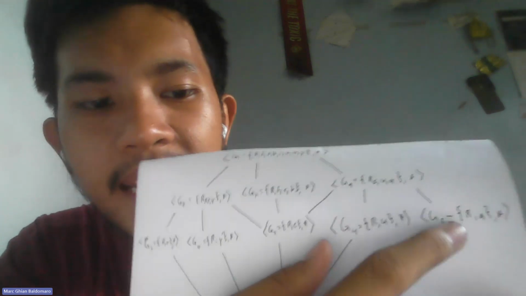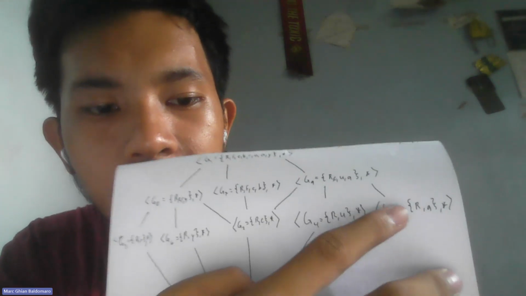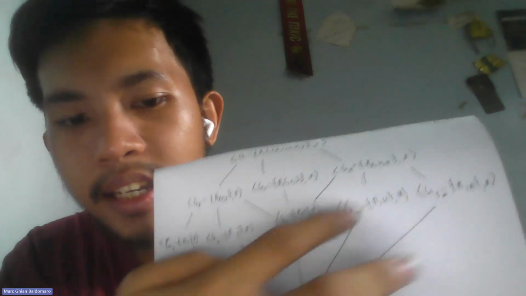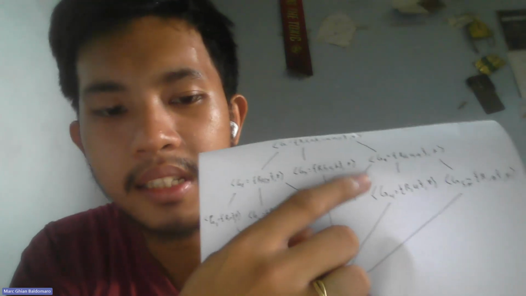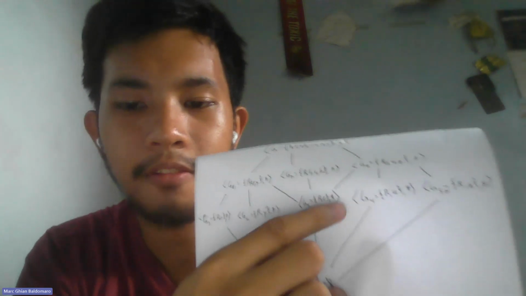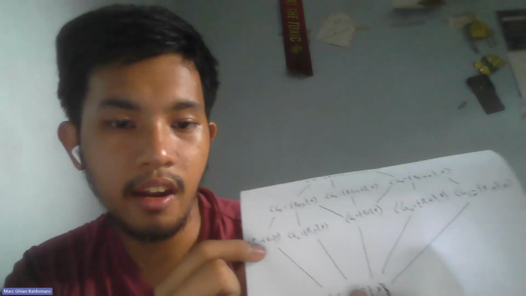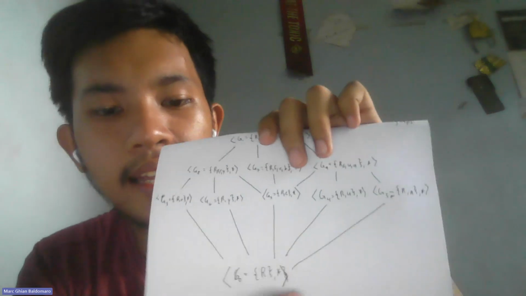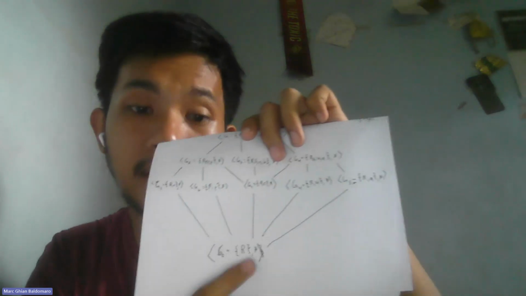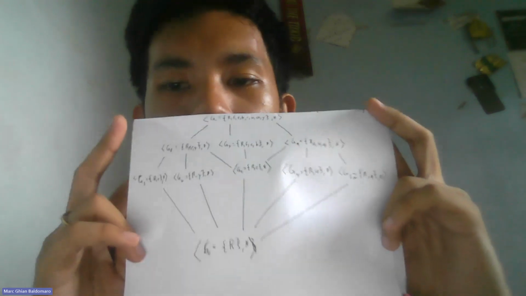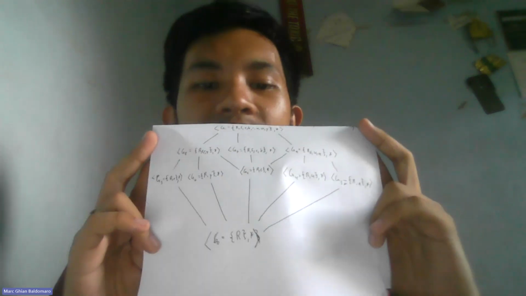Then under the REUA, there is R and U, and then R and A. And then under all these three are the set of RE. And under the RERY, there is the subset of RY and RR. And finally, in the last one, there is the trivial subgroup. So this is the lattice diagram containing the subgroups.